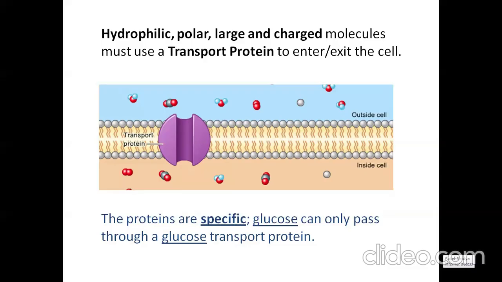These proteins are very, very specific, and only glucose can pass through the glucose transport protein. This protein is specific only for glucose, so only glucose can be transported through it.